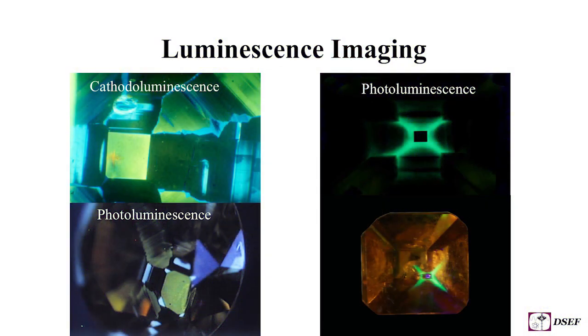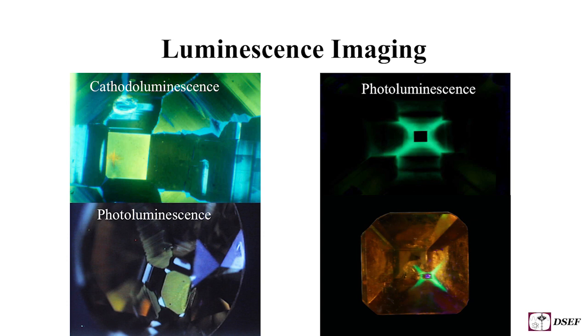Then in the mid-1990s, De Beers introduced the DiamondView, where you can actually produce the same luminescence pattern by exciting a diamond with strong shortwave UV. And you can see actually the same pattern. Since these devices are on the market, increasing studies on photoluminescence have been published predominantly on diamonds, not so much on colored stones.